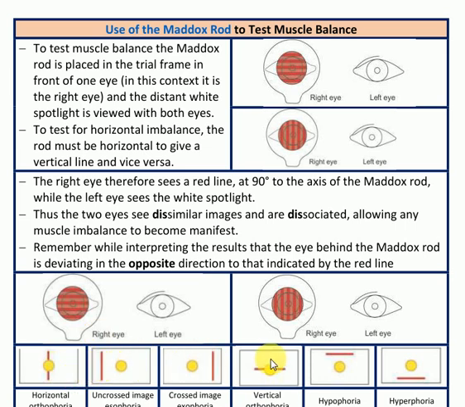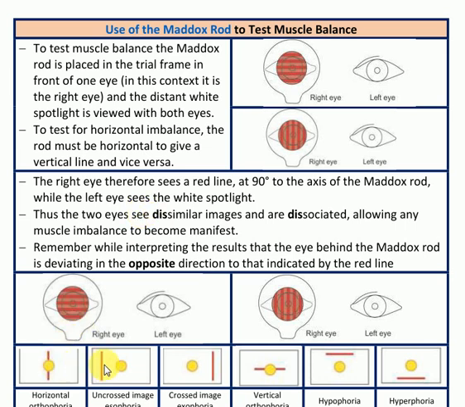To test vertical imbalance, the rod must be vertical and the patient will see a horizontal line, as shown in these pictures. So the right eye sees a red line.